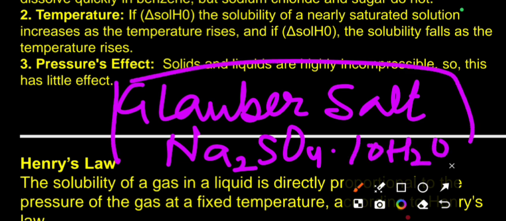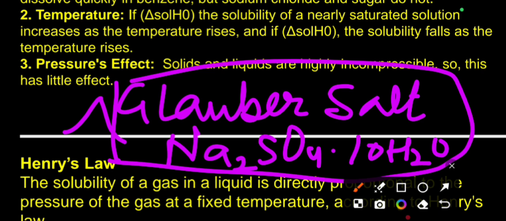This example is according to the third type of temperature dependence, where first solubility increases, then solubility decreases. At this peak point, it behaves as a transition point. If you increase the temperature, solubility first increases, but after a particular point it starts decreasing. The point at which this change takes place is called the transition point.